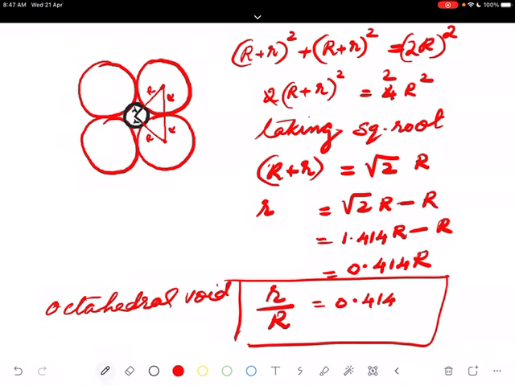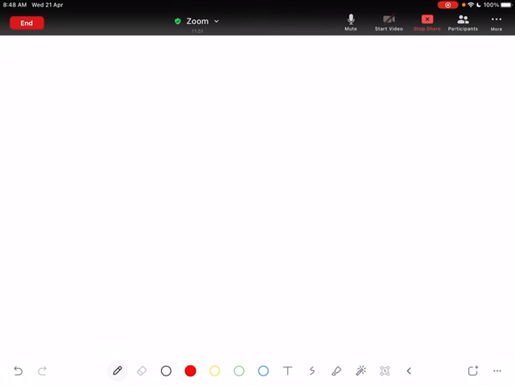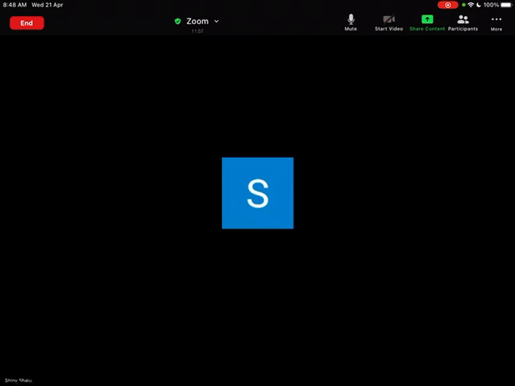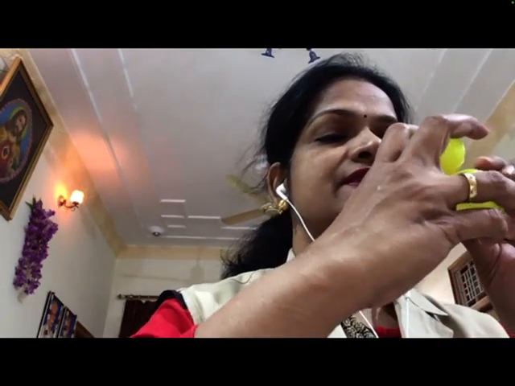Now let's go to the derivation of small r upon capital R in the case of a tetrahedral void. In the case of a tetrahedral void, the situation is like this.